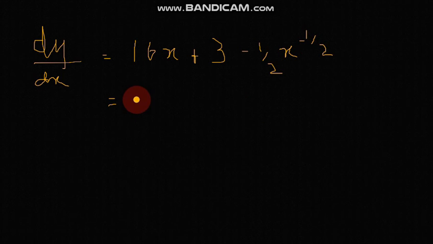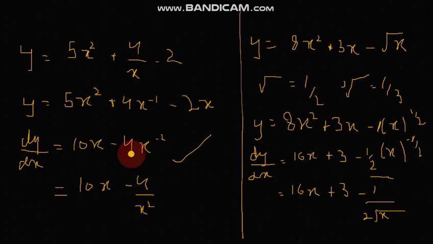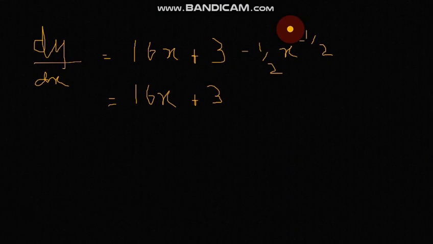So what we did was that we wrote 16x plus 3 the same, but the way we did earlier, that we used to bring the negative power downwards to make it positive, the same way over here the power of x was minus half, so I brought it down with 2 to make it positive. We know that first x to the power minus half was with 1 over here, so I brought it down, so minus 1 remained upward and 2 was down here.